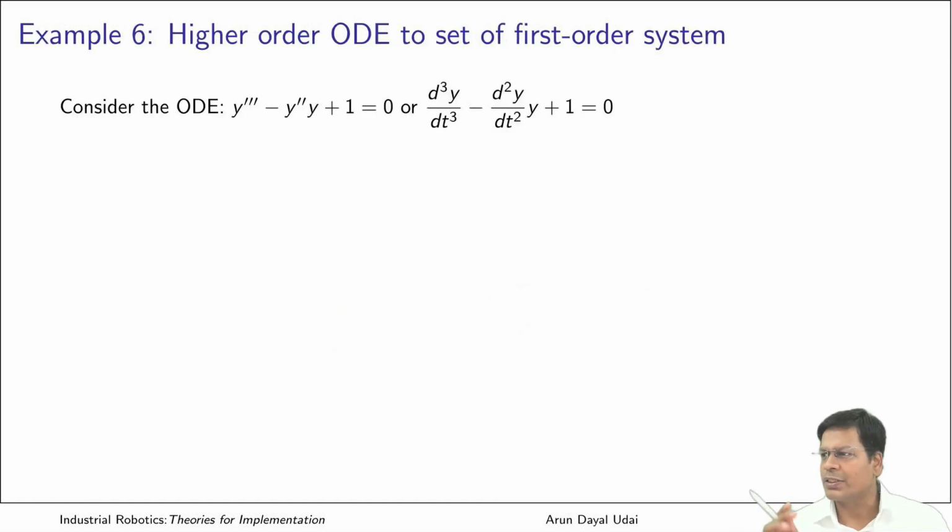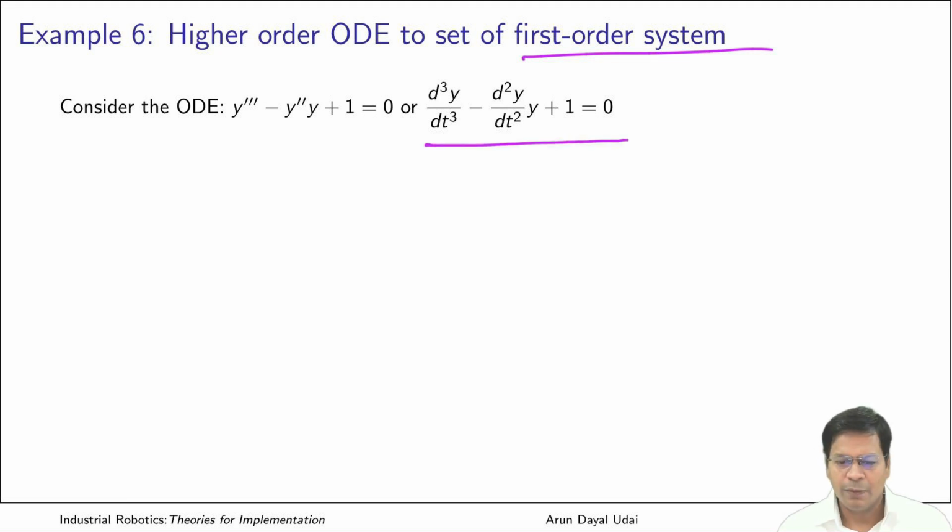Now let us take one example of an ODE and see how we can convert it to a set of first order equations. Let us say you have a system like this. It is a third order equation: d cube y by dt cube, with respect to time, plus d square y by dt square, and you have y plus 1.